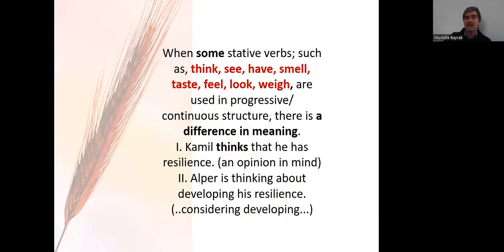Kamil thinks that he has resilience, an opinion in mind. This is the state of Kamil. And this is his opinion, okay? Kamil thinks like this. Kamil thinks that he has resilience, the quality resilience. He is a person of resilience.